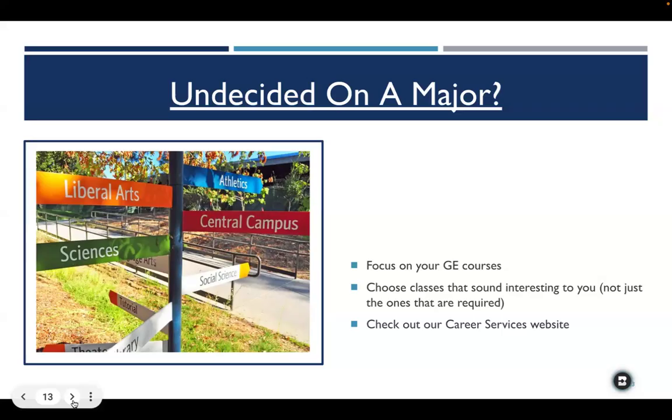You can also meet with a counselor, and you and I can discuss how we might take some classes that count for general education in possible areas that you want to go towards, and do it with intention so that we're still moving you efficiently to a goal of completing a degree or transferring.